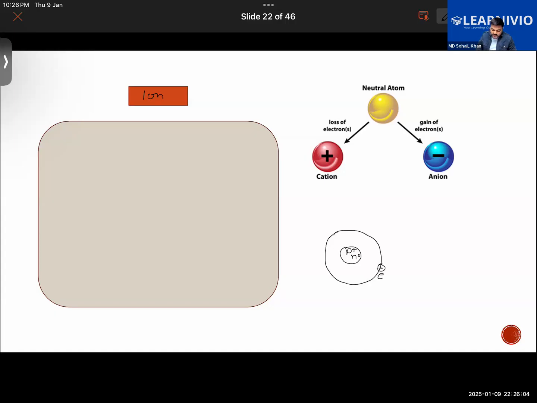If in a given atom the number of protons and electrons are equal, suppose there are 10 protons, so 10 positive charges, and 10 electrons, meaning 10 negative charges, then both charges are equal, 10 positive and 10 negative. So it is in the neutral state. Getting it, Harim? Getting it, Ramis and Ibrahim?